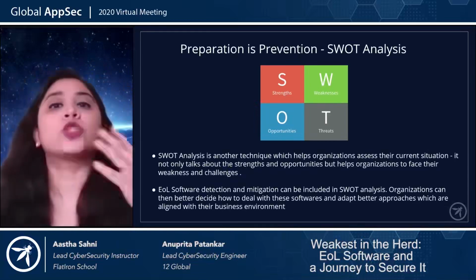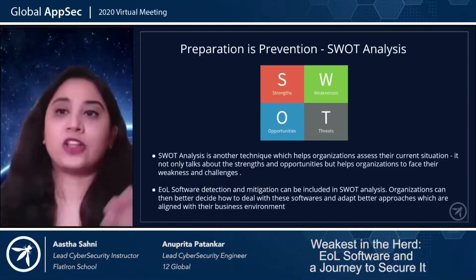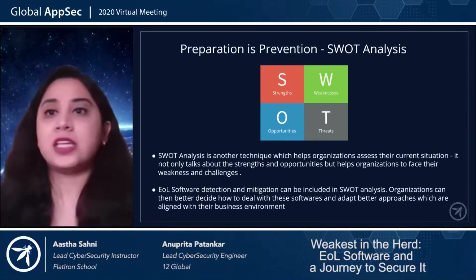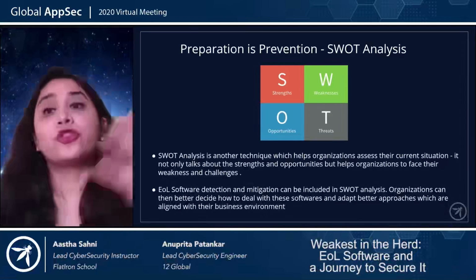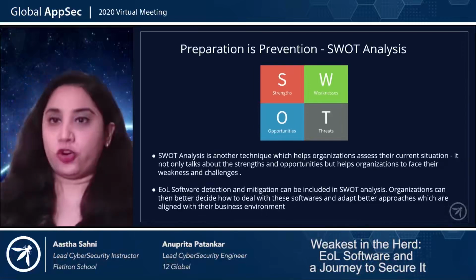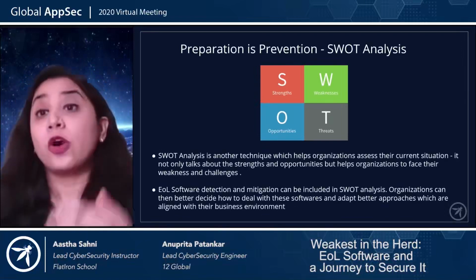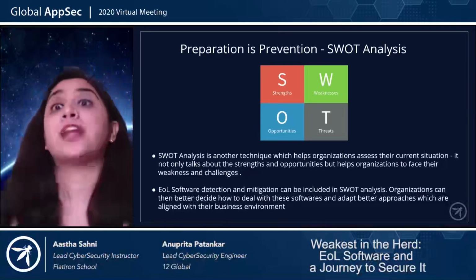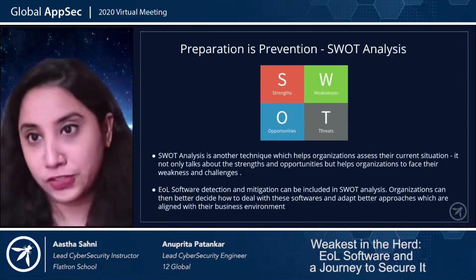And PDCA and SWOT analysis, techniques better than them, I cannot see right now. SWOT is proactive, PDCA is continuous learning, and through them, looking at the picture of the current situation of your organization, you can take good actions and better mitigation and prevention strategies for EoL software.